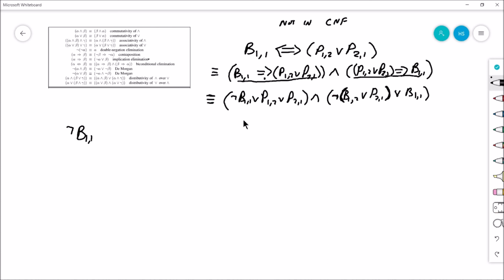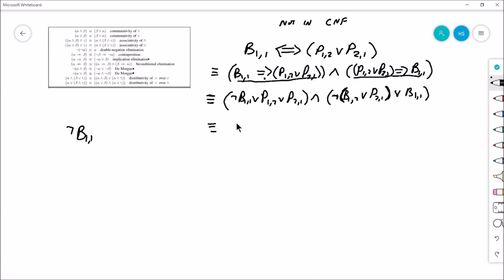You can move the negation inwards by repeatedly using double negation elimination and De Morgan's. Take a look at this first rule: there's a negation on the outside of the disjunction, and not alpha or beta is logically equivalent to not alpha and not beta. So we can apply De Morgan's rule.